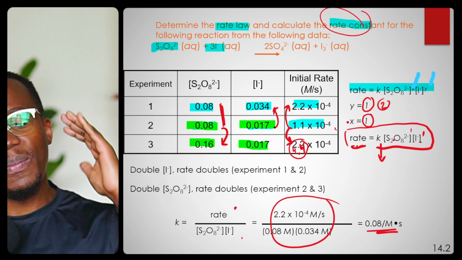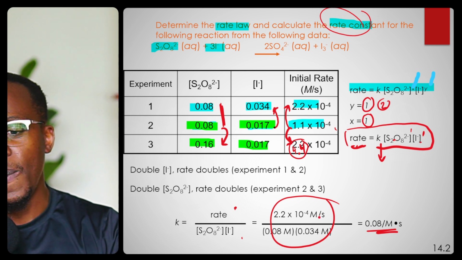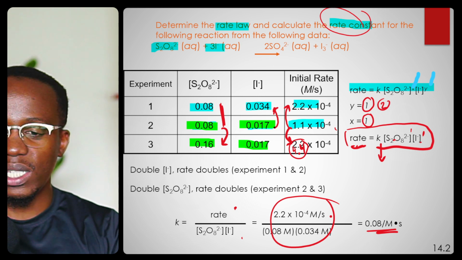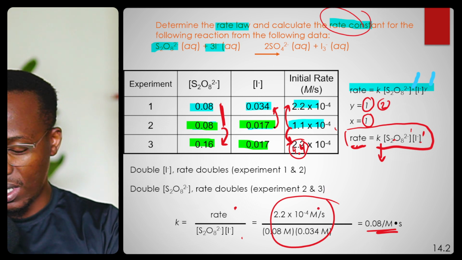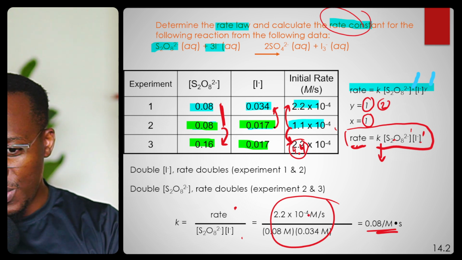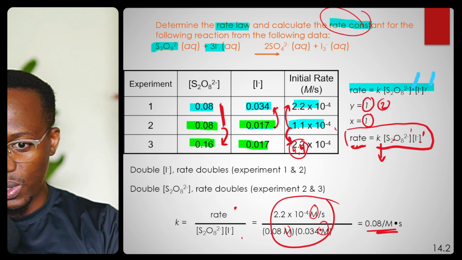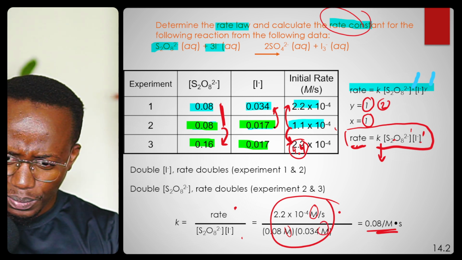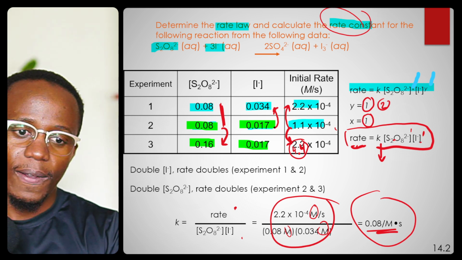Now, something that's very weird: the rate constant units change a lot. So the rate constant unit depends on what you have. You always have to work out the rate constant units depending on what you have here, what you have here, whether or not you have 2 or 3 or something like that. So you always have to work out the rate constant units, right?